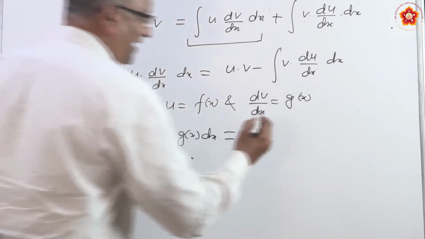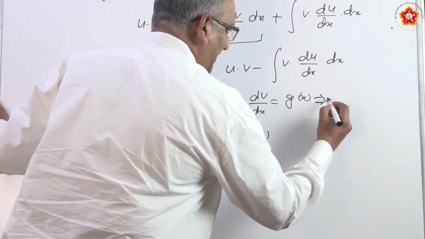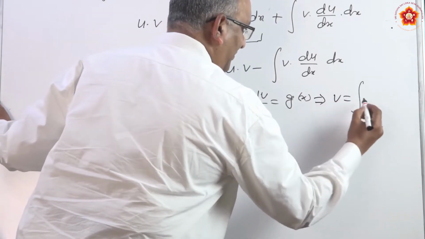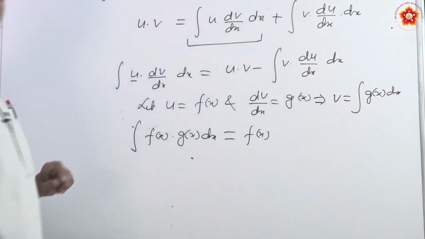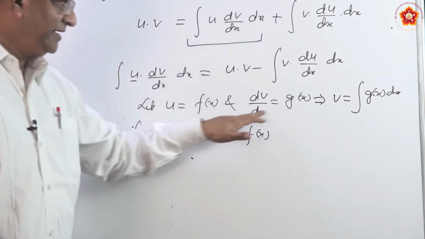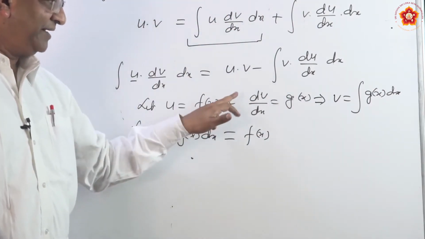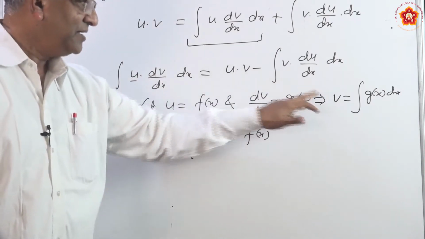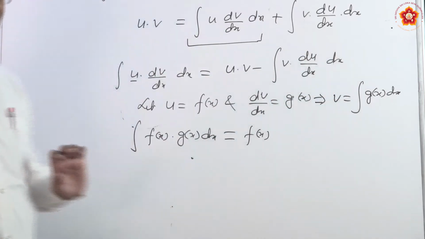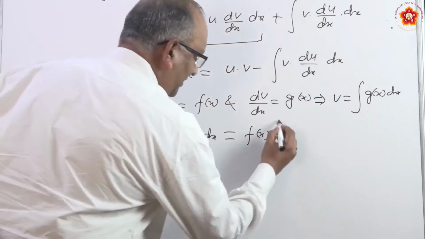So, we can say that v is equal to the integral of g(x) dx. I hope it is clear. We have integrated both sides. The integration of dv/dx into dx will become v, and the integral of g(x) will remain. So, that value we will substitute here.